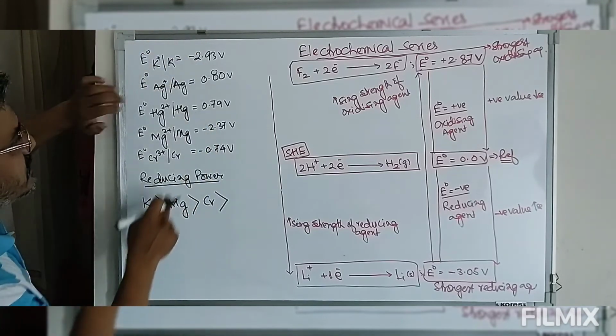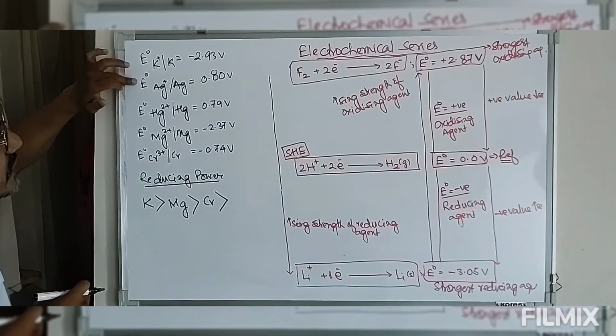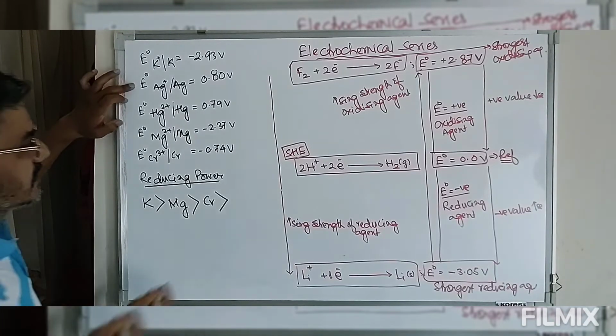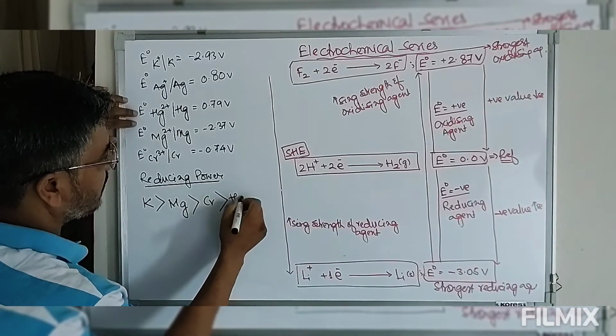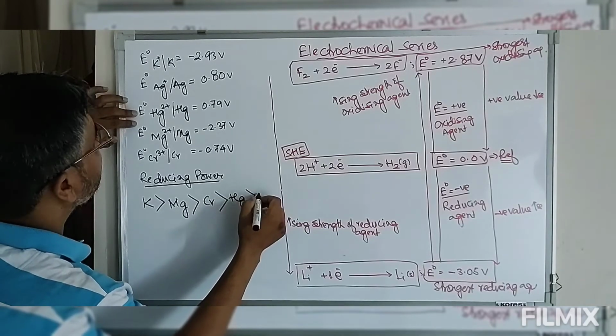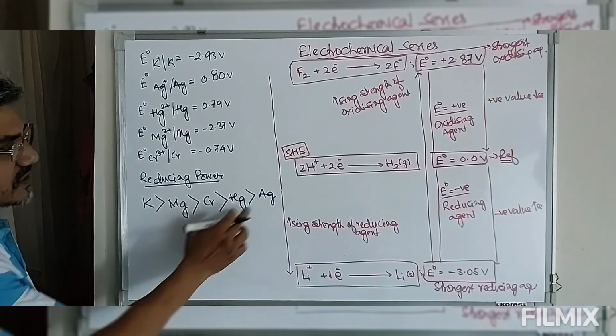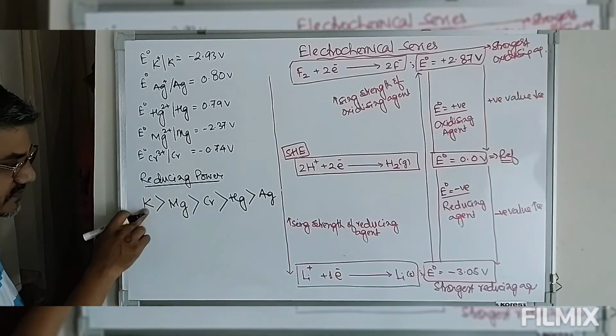This is plus 0.7. So the larger the value of positive reduction potential, the lesser the reducing character. So this is the least. After chromium we have mercury, then we have silver. So the least reducing agent is silver, the strongest reducing agent is potassium.